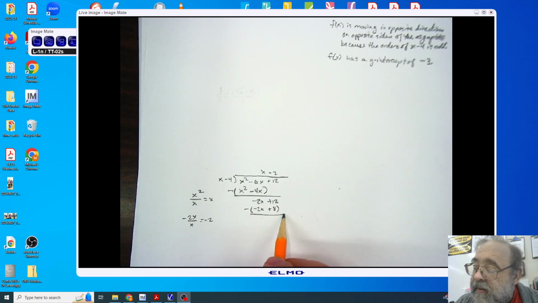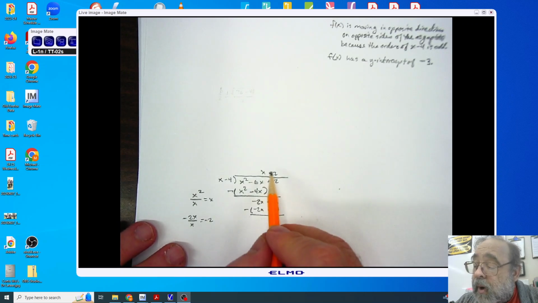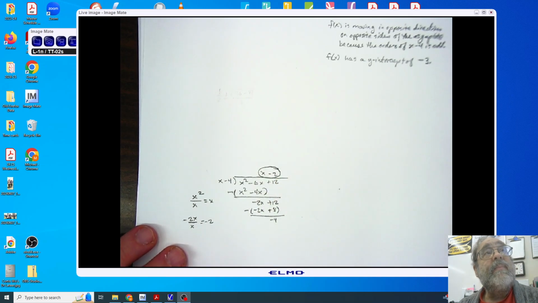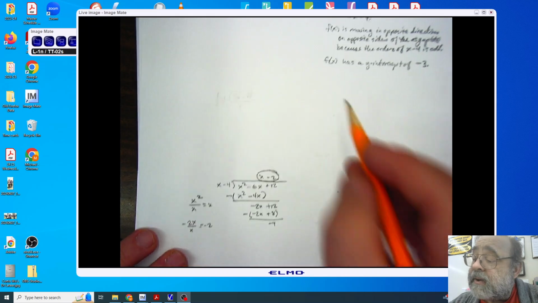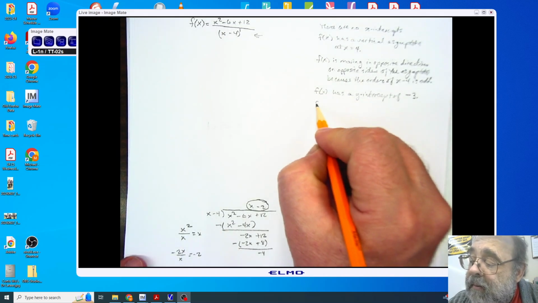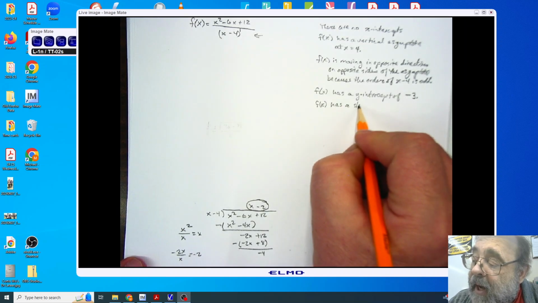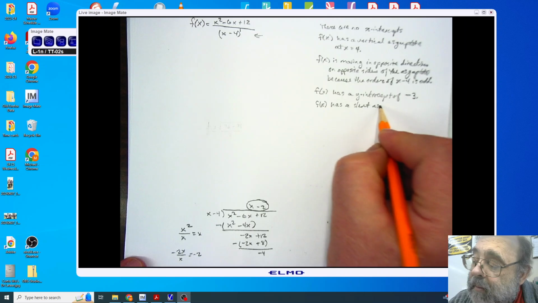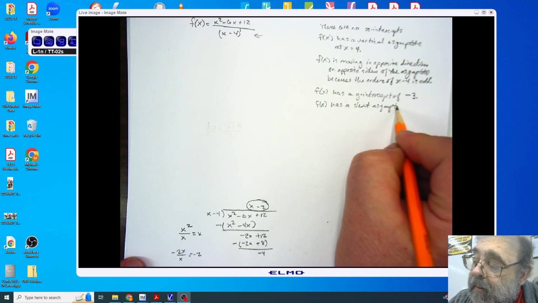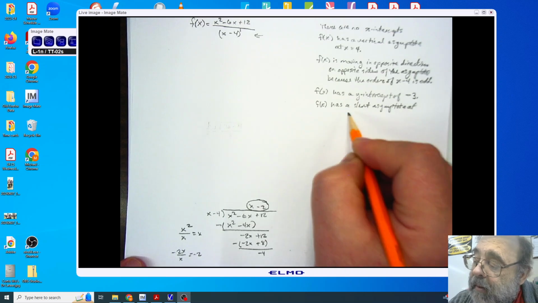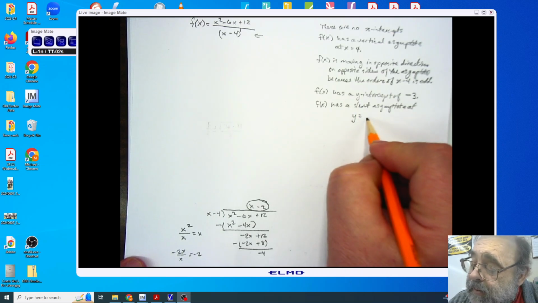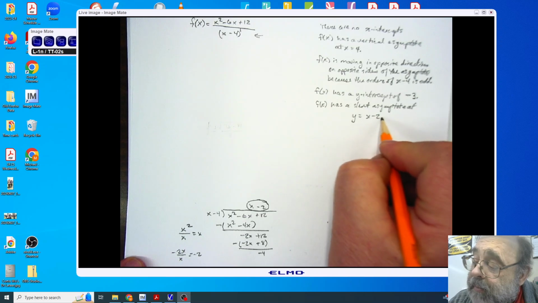We subtract, we get a negative 4. So this is my remainder. Now the quotient right here is the slant asymptote. Okay, so f of x has a slant asymptote at y equals x minus 2.